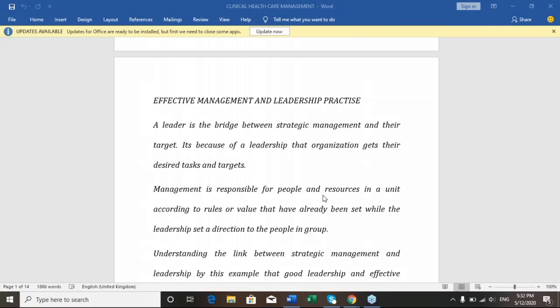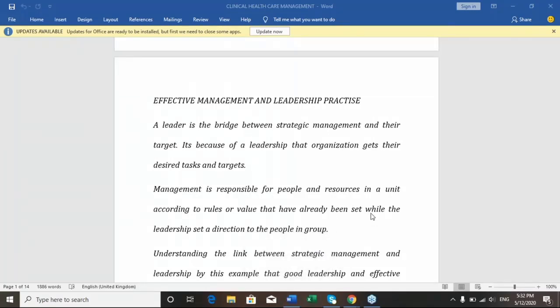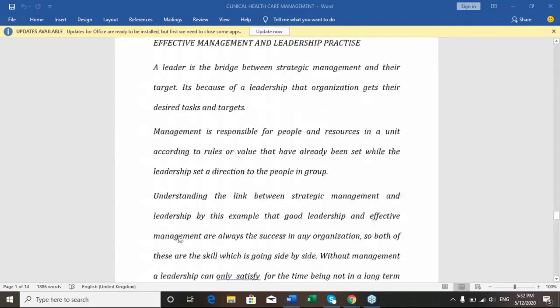So those rules will be set for the people in that department as a direction for them to follow. And then understanding the link between strategic management and leadership by this example, that good leadership and effective management are always the success in any organization.